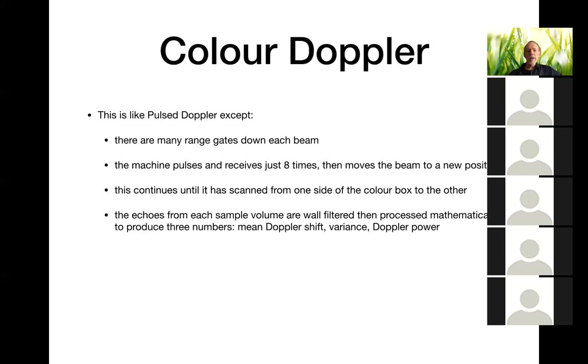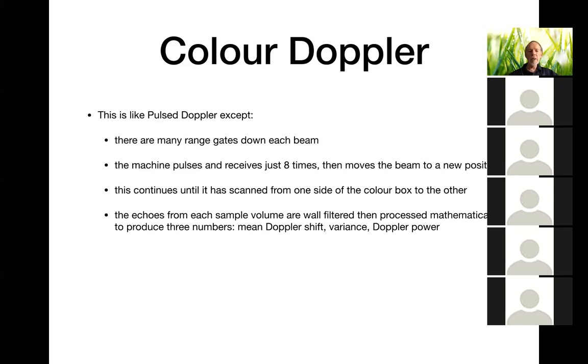The machine calculates just 3 numbers. These are the mean or average Doppler shift for blood that is in that particular sample volume. So the mean Doppler shift, and that's the thing that's actually displayed in color. Second parameter is called variance, and like in statistics, it's a measure of variability.